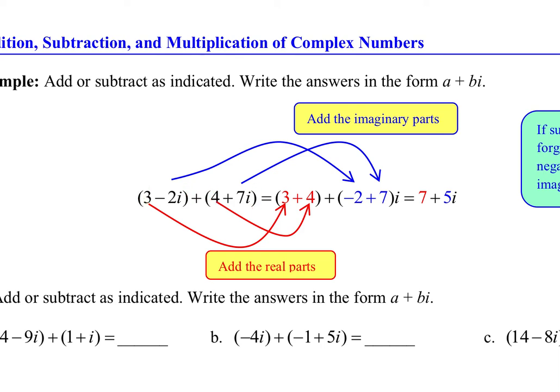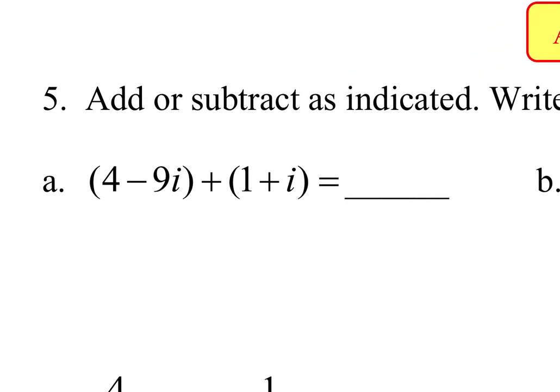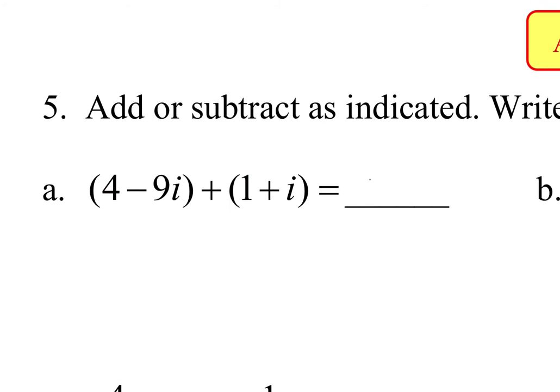Okay. So in this case, on part A, the 4 and the 1 is the real part of the problem. The imaginary part is the -9i and the 1i. So 4 plus 1 is 5, and that was from this.